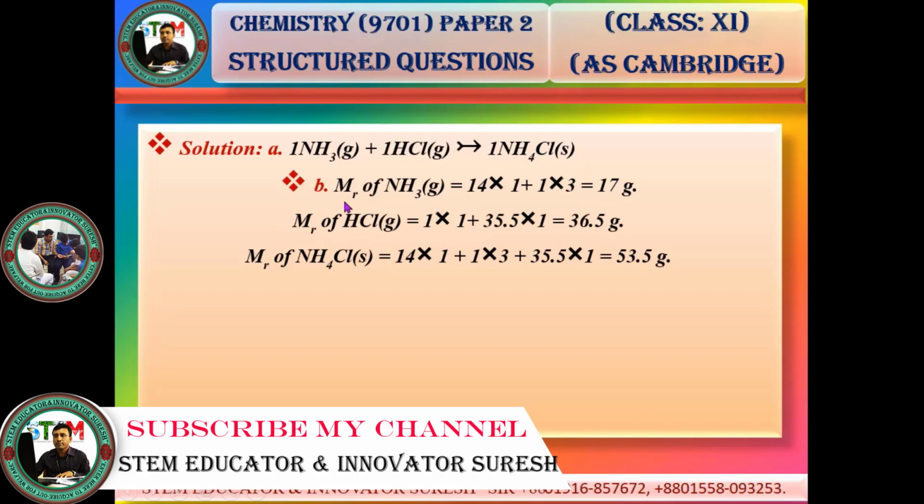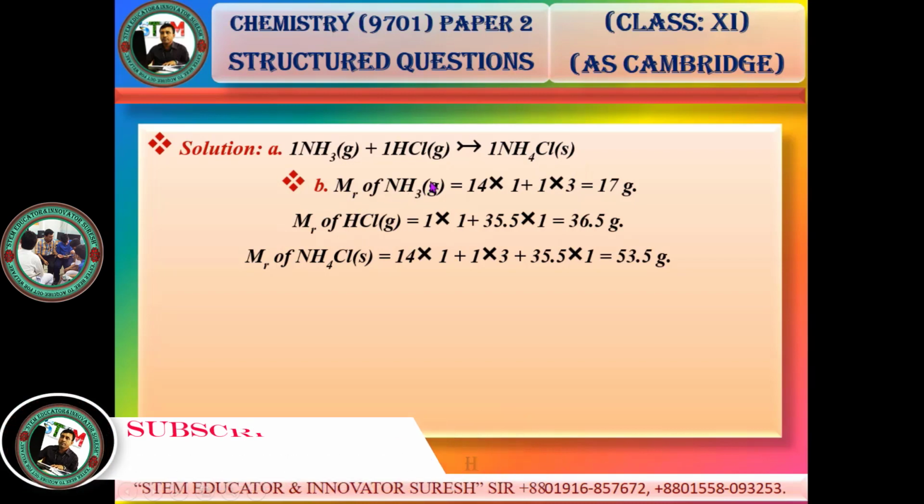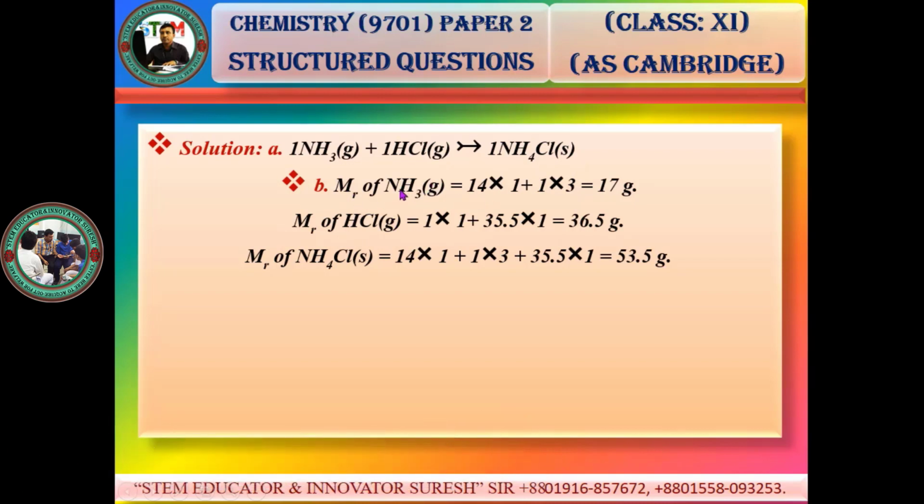And for B, relative molecular mass of ammonia gas equals 1 atom of nitrogen means 14 into 1 plus 3 atoms of hydrogen means 1 multiplied by 3, equals 17 gram. Relative molecular mass of hydrogen chloride gas equals 1 into 1 plus 35.5 multiplied by 1, because all the atoms are 1 and 1, that is hydrogen 1 atom and chlorine 1 atom.